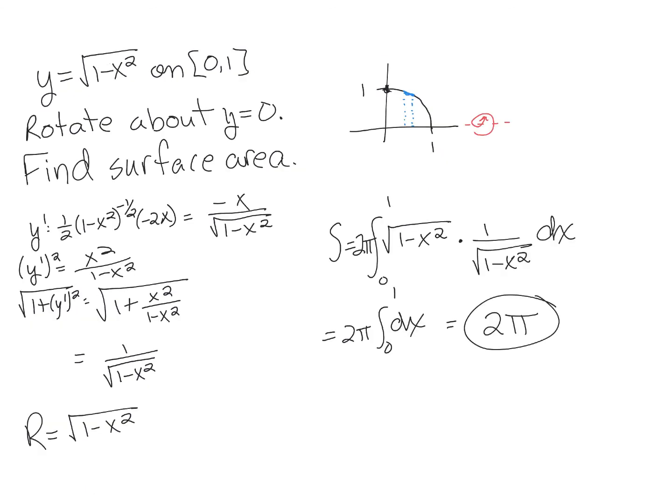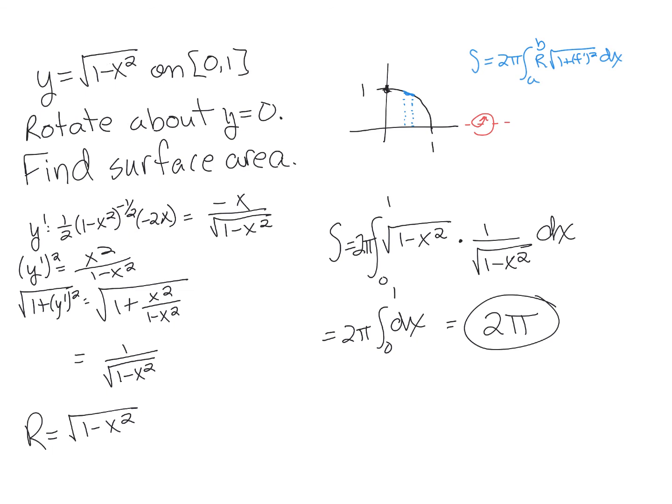Now rotate that curve about y equals 0, or the x-axis, and find the surface area. Well, we still need the arc length part, so this is the same thing we got before, but now surface area is 2 pi integral from a to b of the radius times the arc length portion, the square root of 1 plus f prime squared dx.